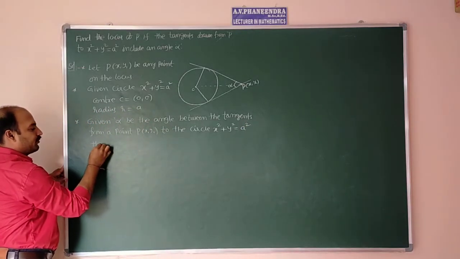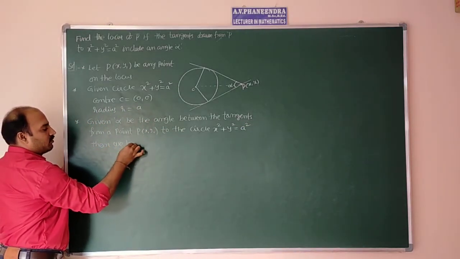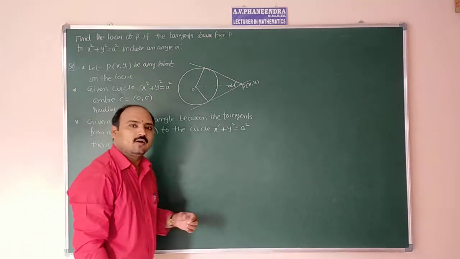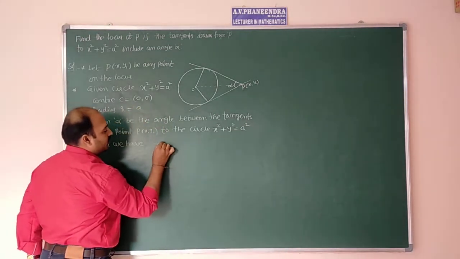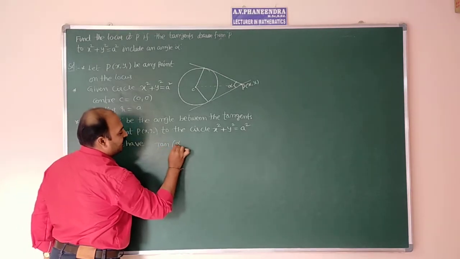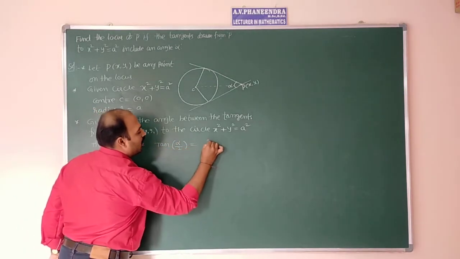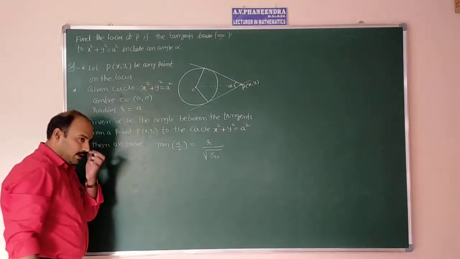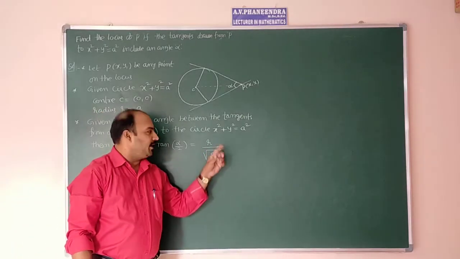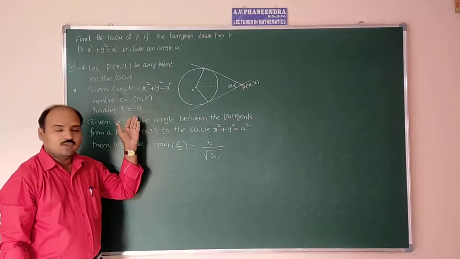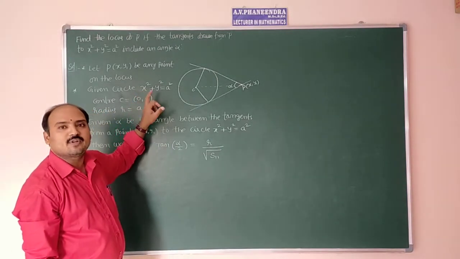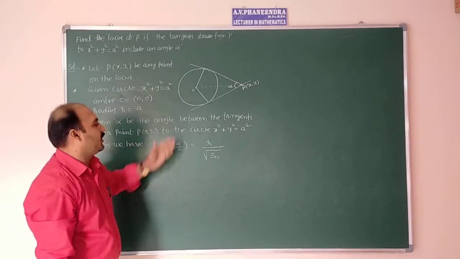Then we have, write the formula in terms of tan alpha by 2. Tan alpha by 2 equal to r by root S11. S11 you have to calculate. Radius value we got it here already. So S11 means, according to this circle, x1 square plus y1 square minus a square.